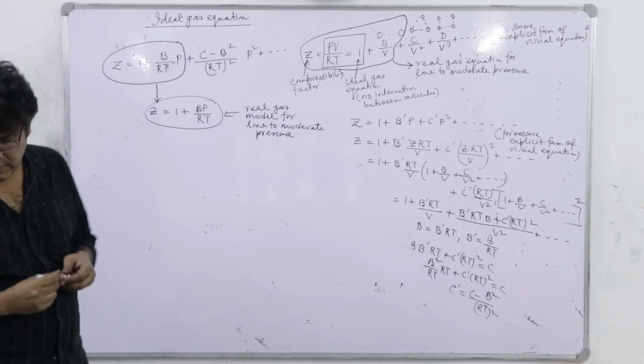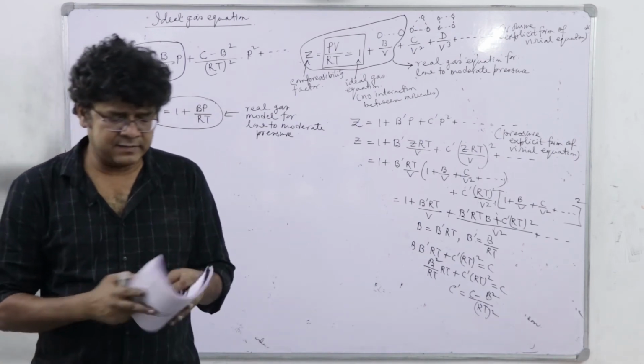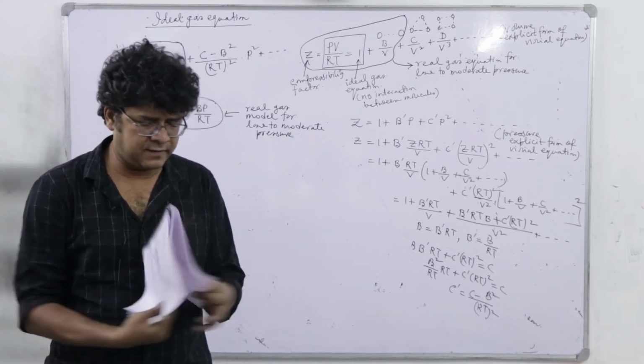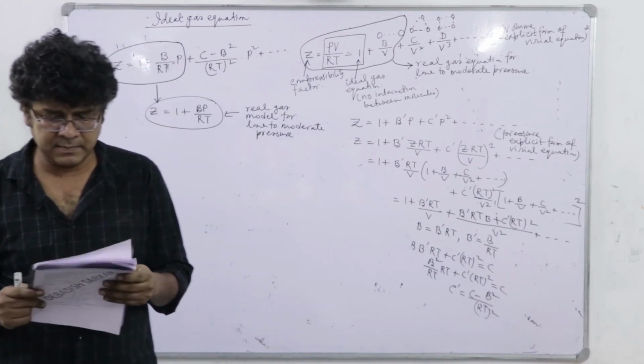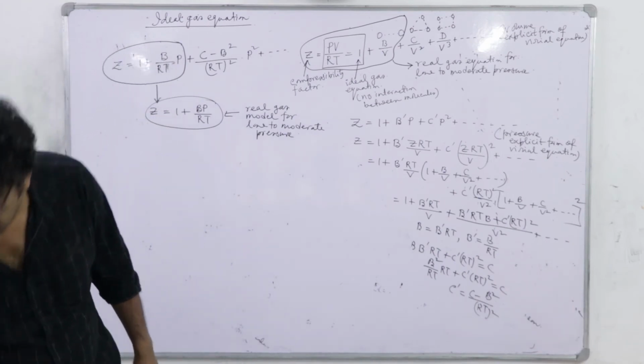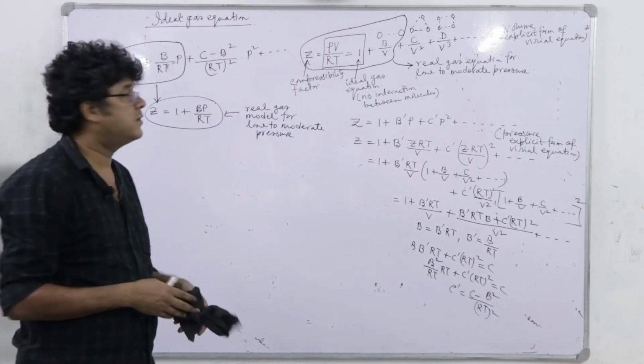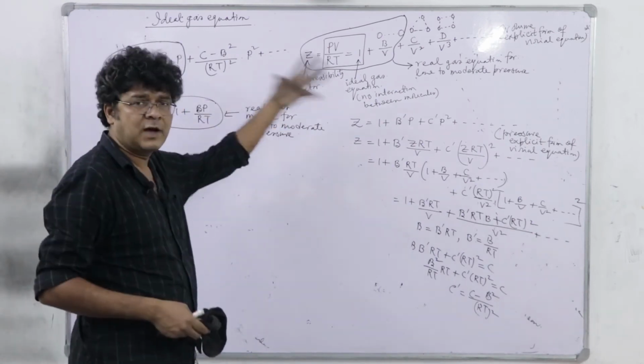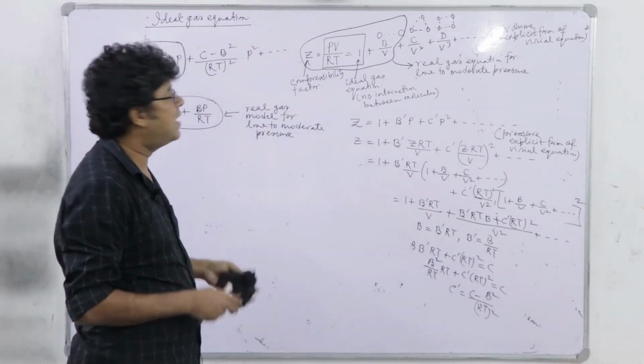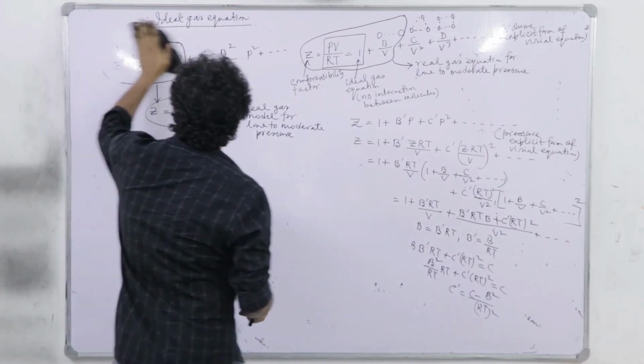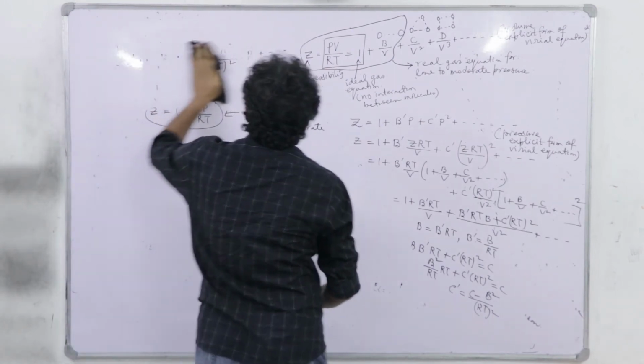Right. So, this is one of the very basic ideas of real gas model, and alternative to that we have cubic equations of state. This virial equation on one hand, and alternatively we can have this cubic equation of state, right.